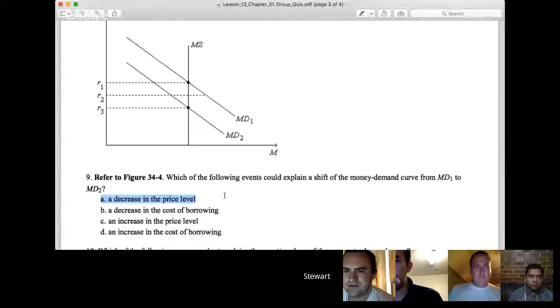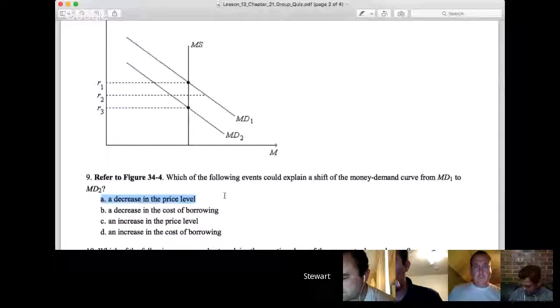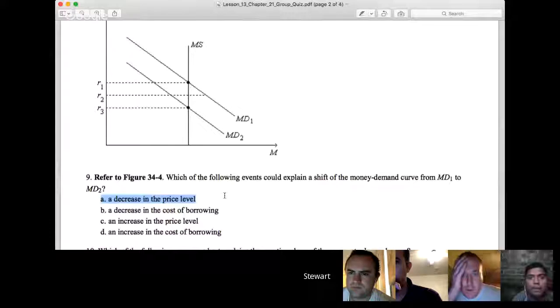So this has nothing to do with interest rates. This is just demand. Well, they can; that's what the R is. But right now we're just focusing on money demanded and price level. I'm pulling this from page 463, and it talks about an increase in price level increasing the demand for money. But if you switch that, a decrease in price level decreases the demand for money.